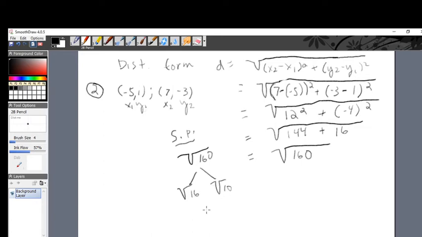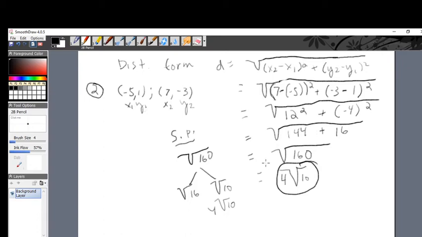So what's the square root of 16? It's 4. Square root of 10 is a leftover. There's nothing we can do about it. So when you simplify this radical 160, like stuff that we've done before, it's 4 square root of 10, and there is the final answer. That is what we're expecting as our final answer.